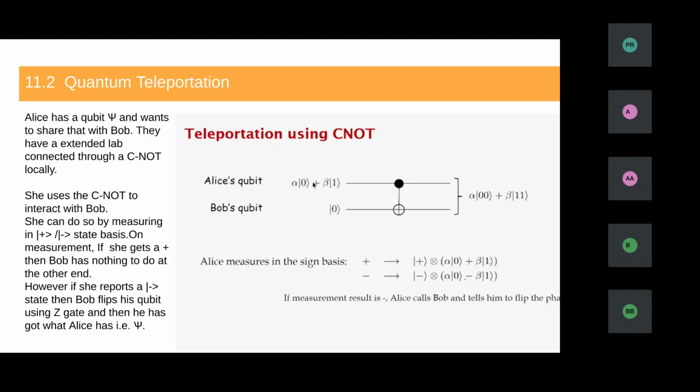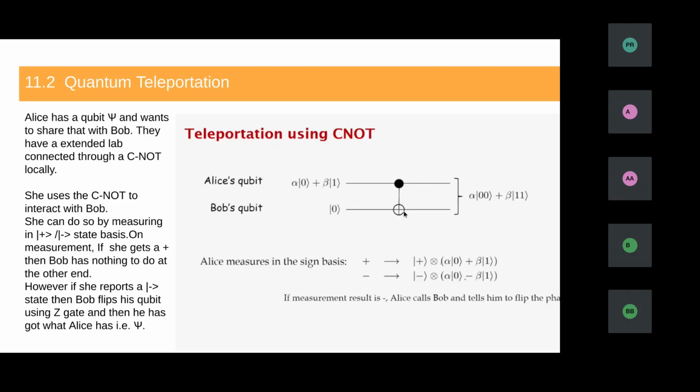So the original ket psi is alpha 0 plus beta 1. Bob has just entered the picture in his lab, and Alice applies a C naught based on the MS bit being 1.